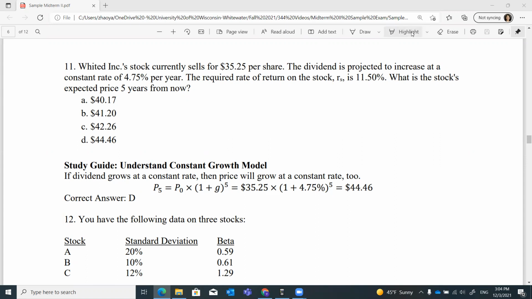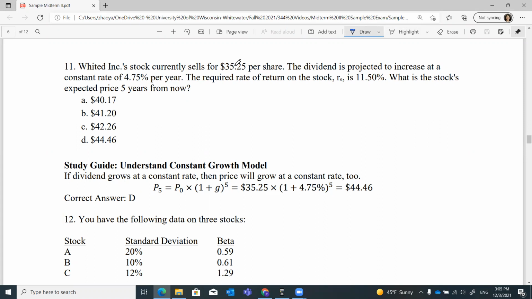So question 11. Whited ink stock currently sells for $35.25 per share. The dividend is projected to increase at a constant rate of 4.75% per year.